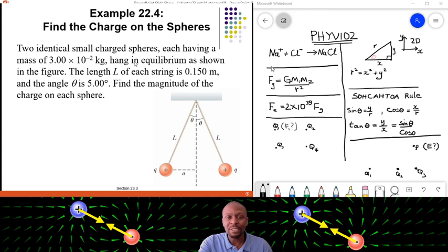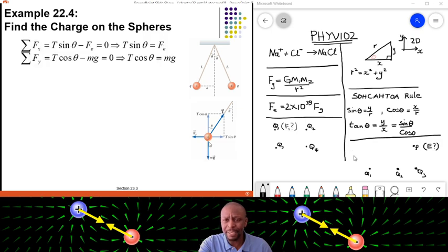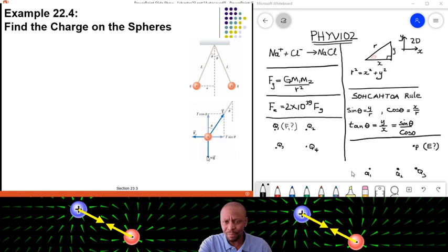Now, remember, what is very important here is that they are in equilibrium. If they are in equilibrium, it means that they are not moving. As a result, we will just have to draw the free body diagram. In that case, if I only consider this point charge on my left-hand side, the free body diagram tells me that you have the gravitational force going down, and then on that side you have the force T cos theta.